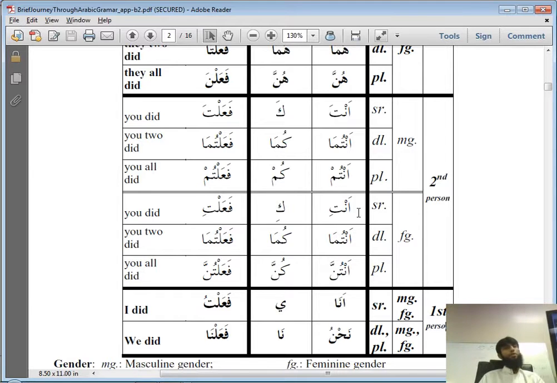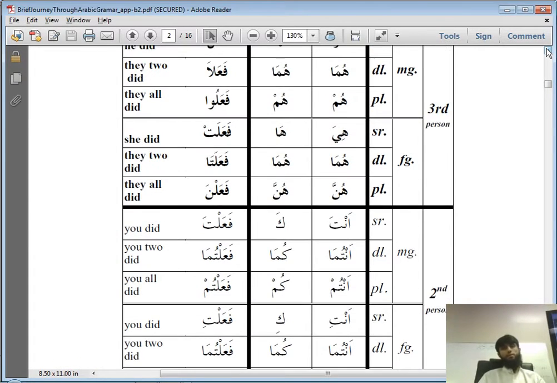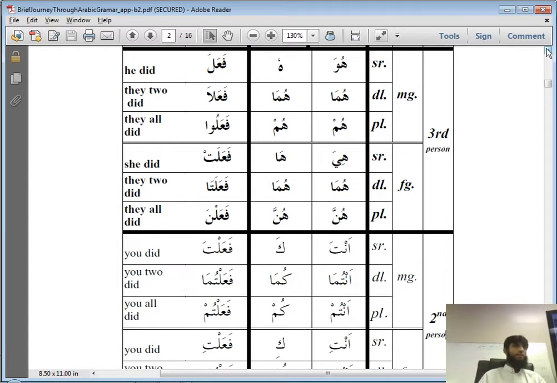Second person is the one that you are talking to, right? It could be yourself if you're communicating with your own self, or it could be somebody else that you are talking to. And the third person is the one that you are talking about. It could be present, it could not be present. So Shahid is present, and I say that Shahid is a good guy, but he just comes late.